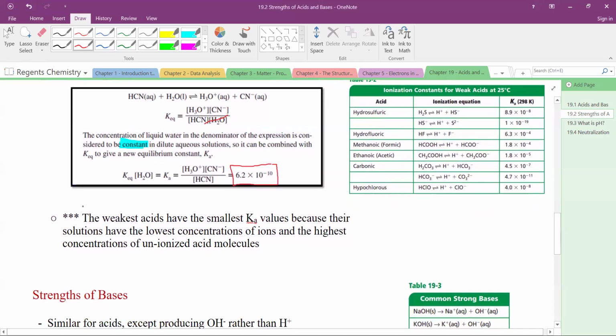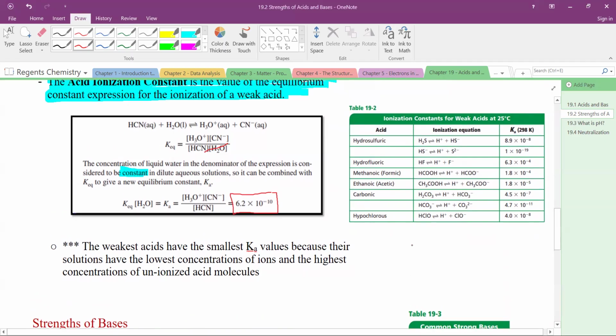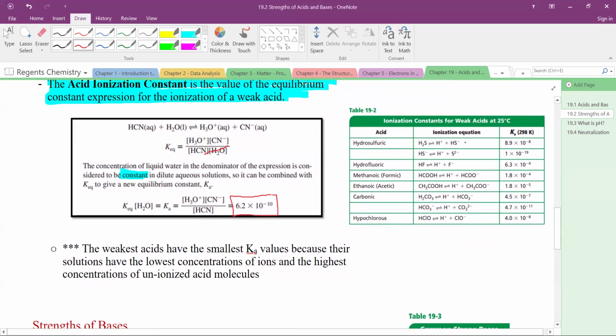It says right here, the three asterisks, right? The weakest acids have the smallest Ka values because their solutions have the lowest concentrations of ions and the highest concentrations of unionized acid molecules. I actually have on the right-hand side here a table of some acids. Notice hydrosulfuric is different than sulfuric. And I'm showing you the Kas. And notice for hydrosulfuric, we lose our first hydrogen, and the Ka is pretty small at 8.9 times 10 to the negative 8.